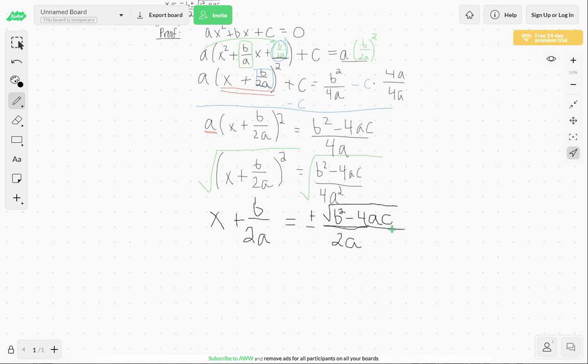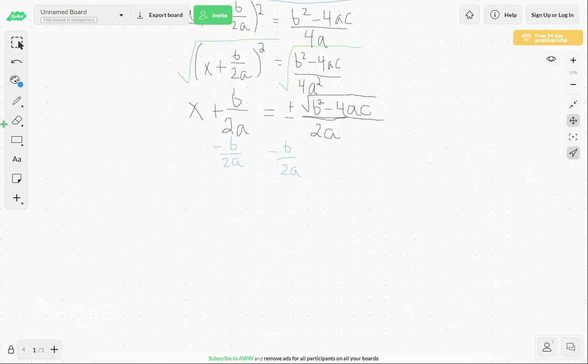All right, and then the only thing left to do is to subtract b over 2a from both sides. Notice that when we do that, I'll write it out just to be totally clear, we get negative b over 2a plus or minus the square root of b squared minus 4ac all over 2a.